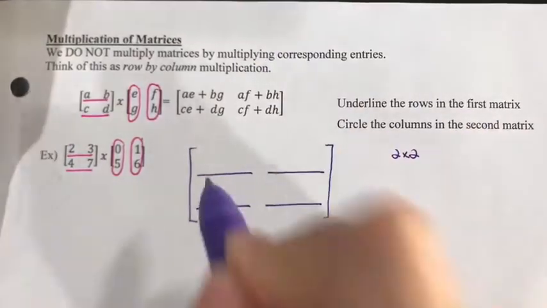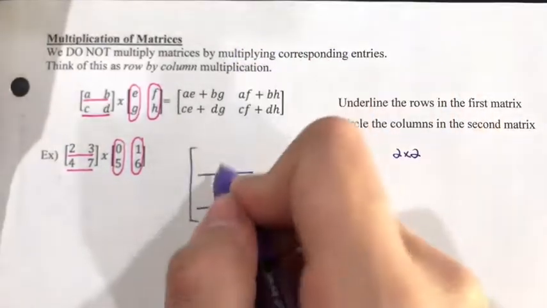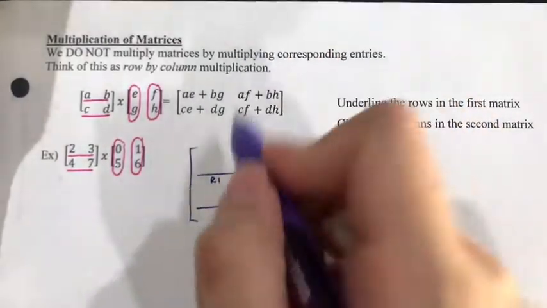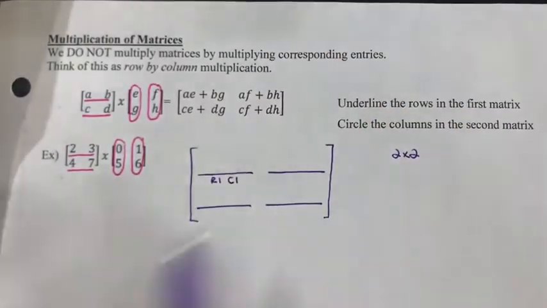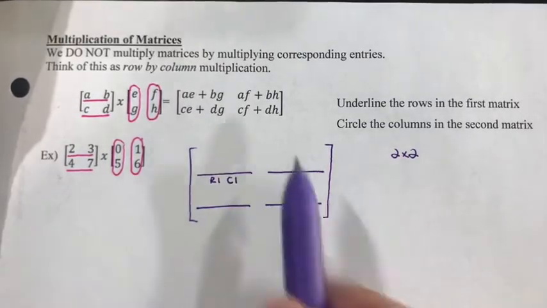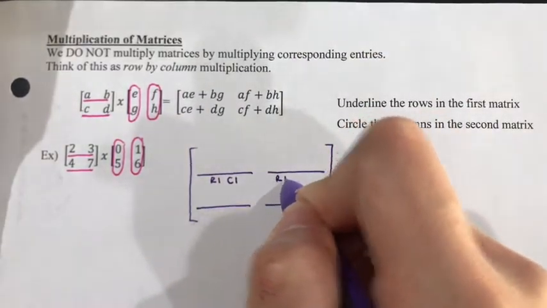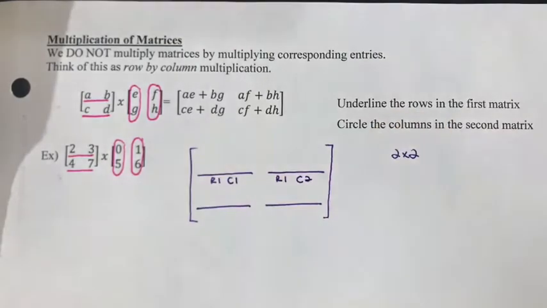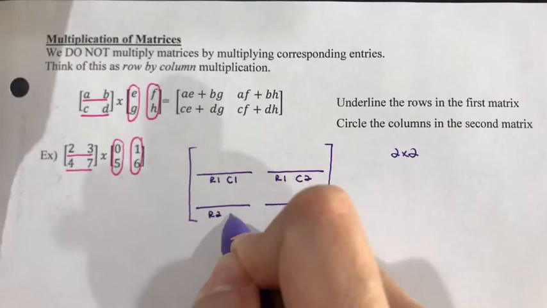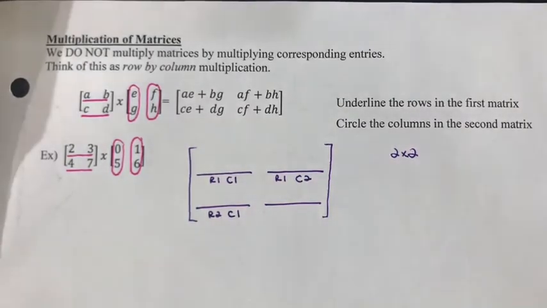Now, I like to label, at least when I'm first learning how to do this. This one's in the first row and in the first column. Notice that's the position of this entry. My second entry is the first row, my second column. Down here, I'm in the second row and the first column.